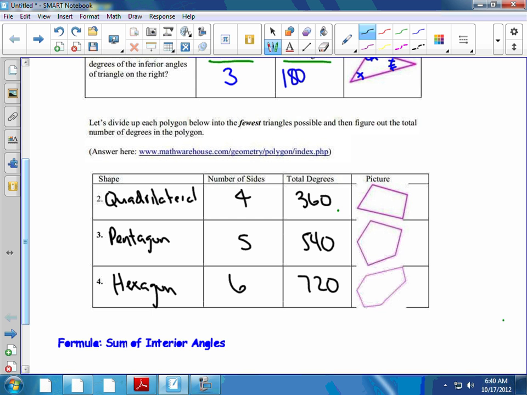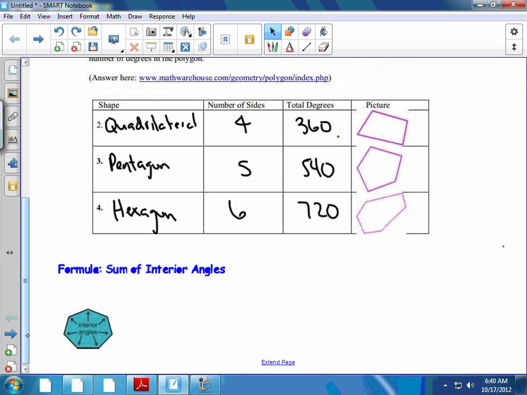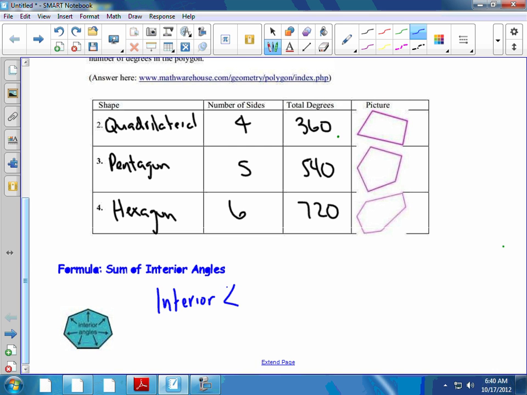And so what we want to do is see if there's a pattern going on with the total number of degrees, because that's going to help us figure out the sum of the interior angles. Sometimes I'll write that as interior angle sum.